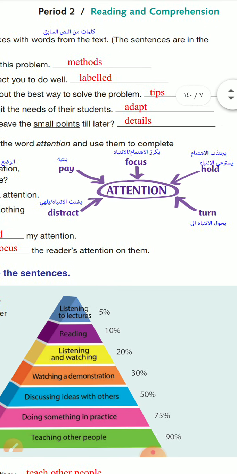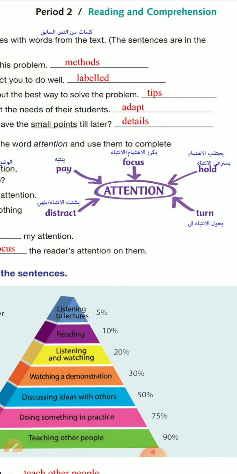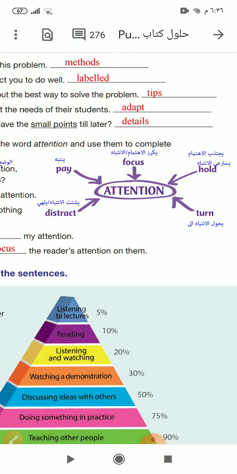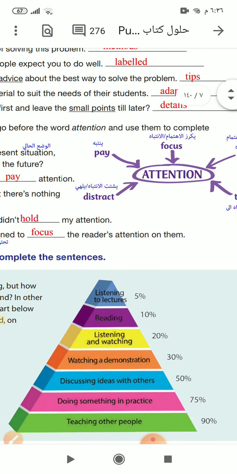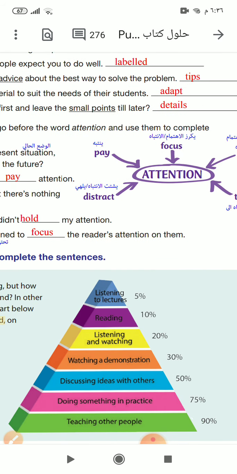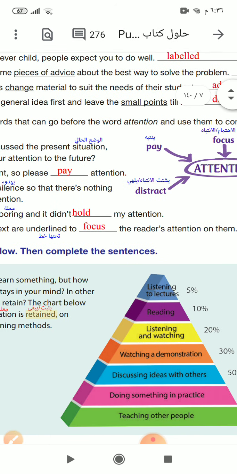Focus, يركز الانتباه. Hold, يعير الانتباه أو يجذب الانتباه. Turn, يحول الانتباه لشيء آخر. Distract, يشتت الانتباه. Pay attention, ينتبه أو يعير انتباه.